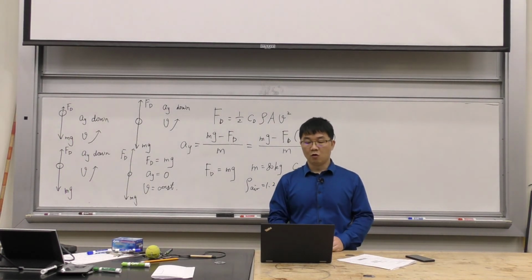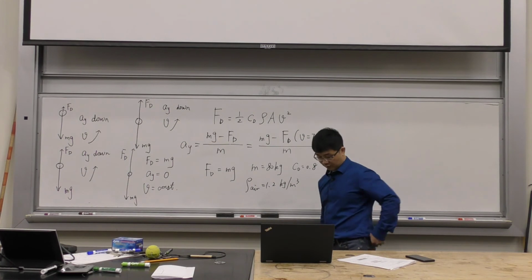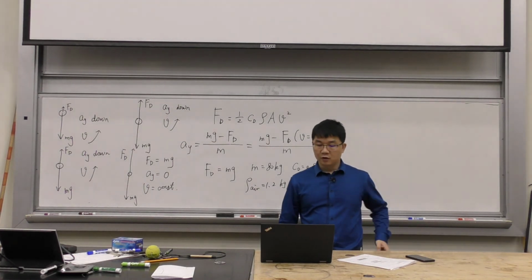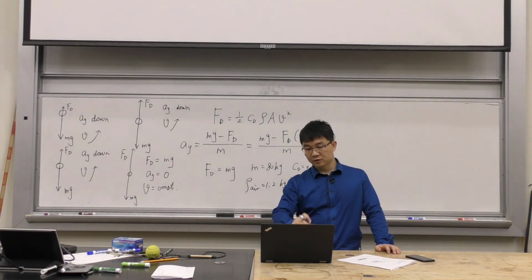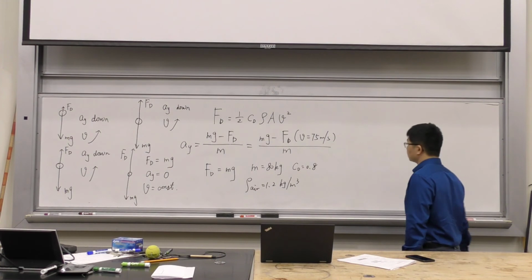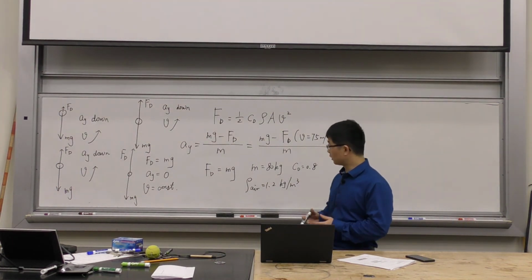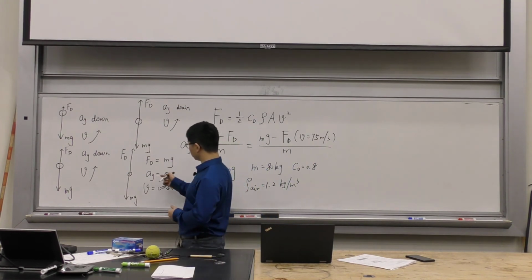So what do we do? Well, you're just going to use some information from the problem to find the area before you do this, right? How do I find the area? Well, we haven't used the terminal speed, right? So I believe that's going to help us find the area. So let's see. Terminal speed. I don't need to memorize the equation for terminal speed. I only need to understand why there's a terminal speed.